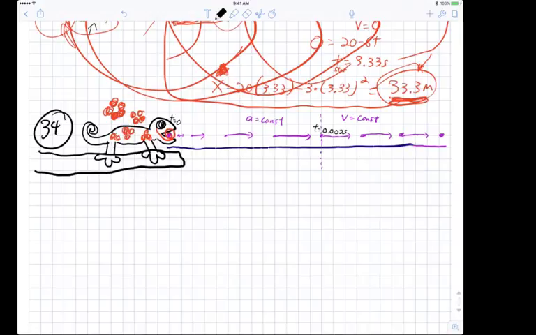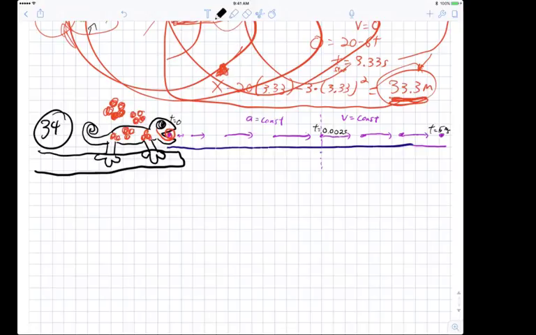And then it's going to be over here at t is equal to 0.00... Oh, geez. Five milliseconds. Okay.